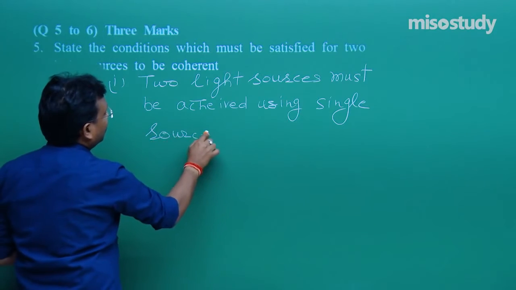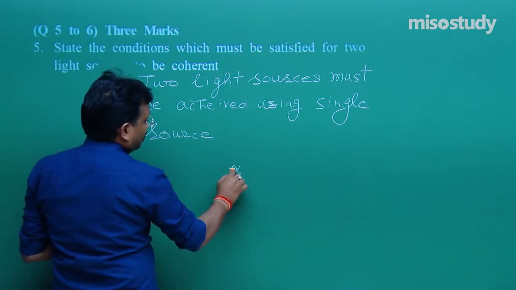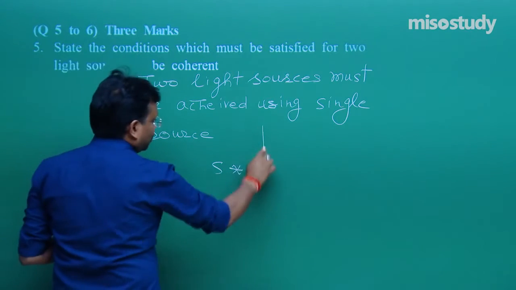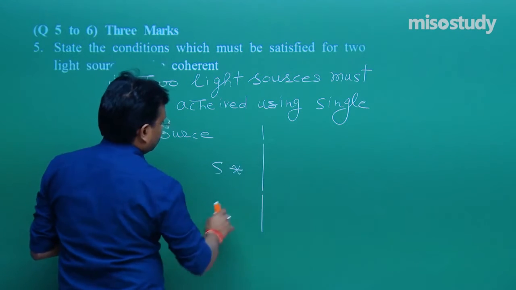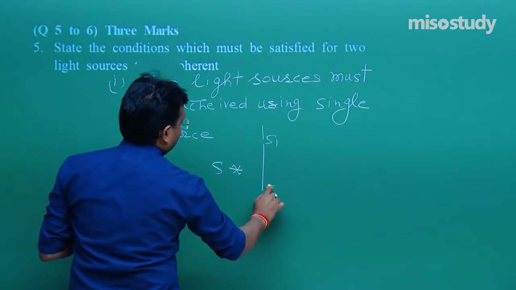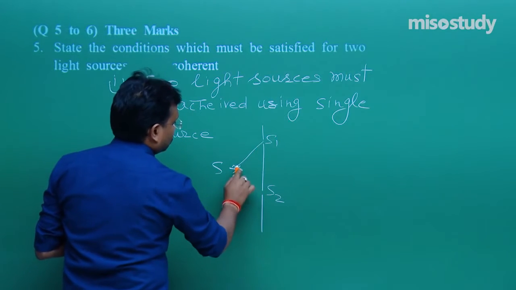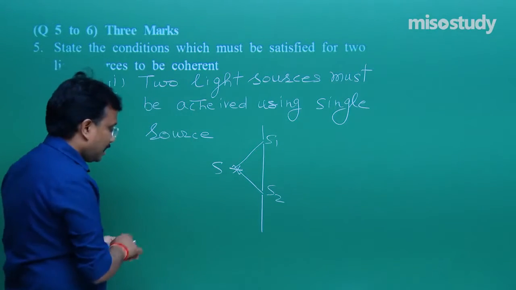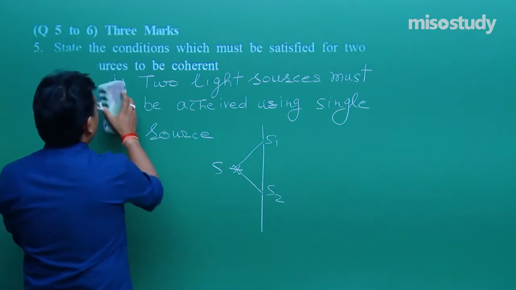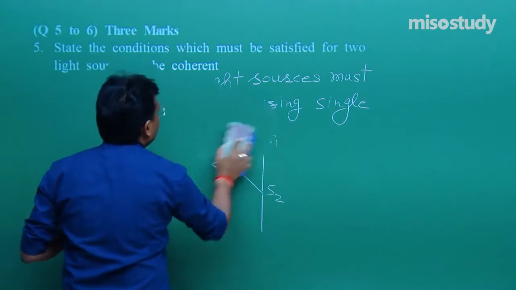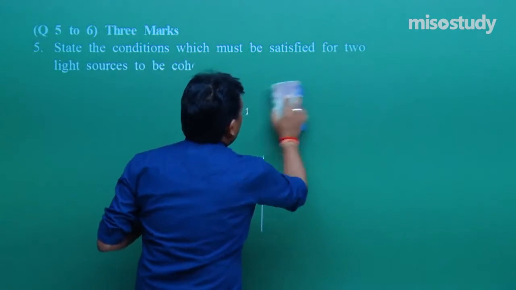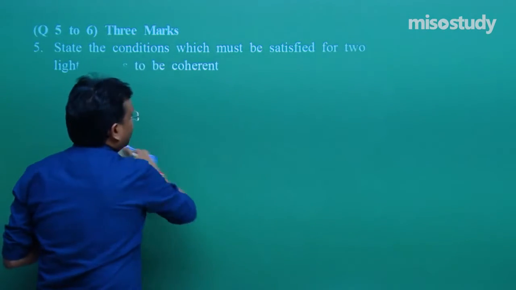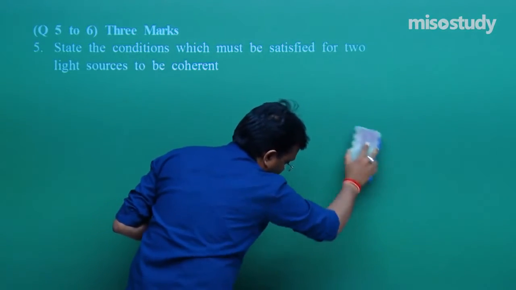Try to recall the diagram of YDSE: source, then S1, S2. So, this is the first condition. There are other conditions, I will write down. This one point I mentioned because I know you can very easily recall this point.